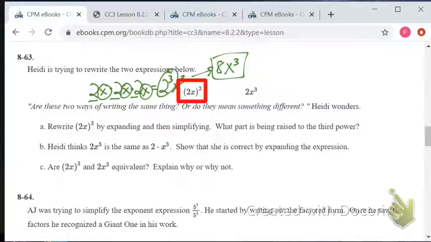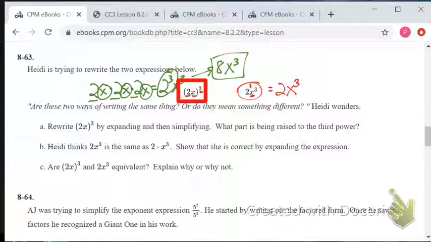So that means the 2 will get that 3rd power, and the x will get that 3rd power, right? The 2 and the x. We'll go back to the problem here on the right. The 3rd power is only attached to the x. That 2 has its own power. That 2 has an invisible 1. So if I were to simplify this problem, it would actually just be 2x to the 3rd. It's already simplified. There's nothing else that we could do.